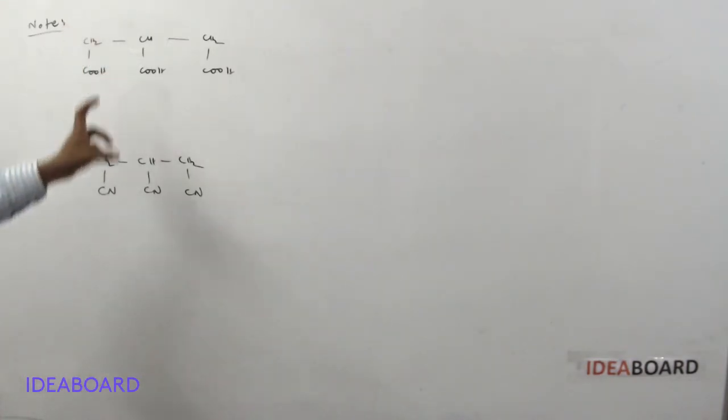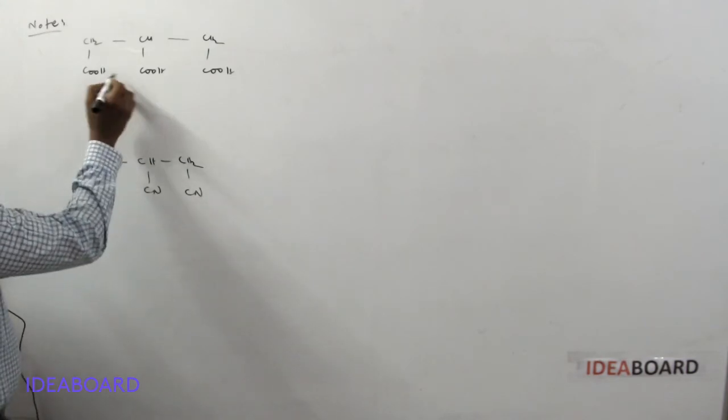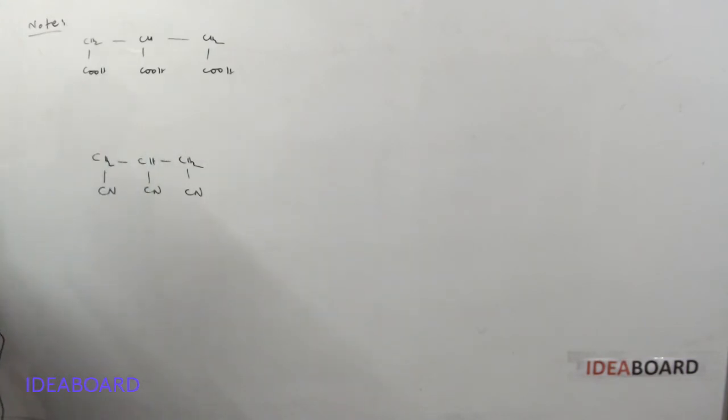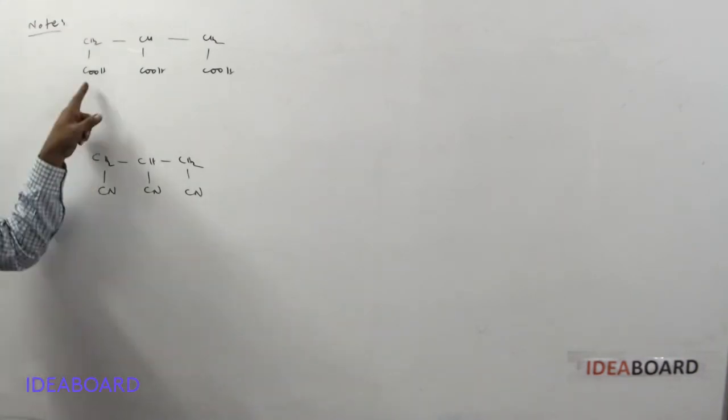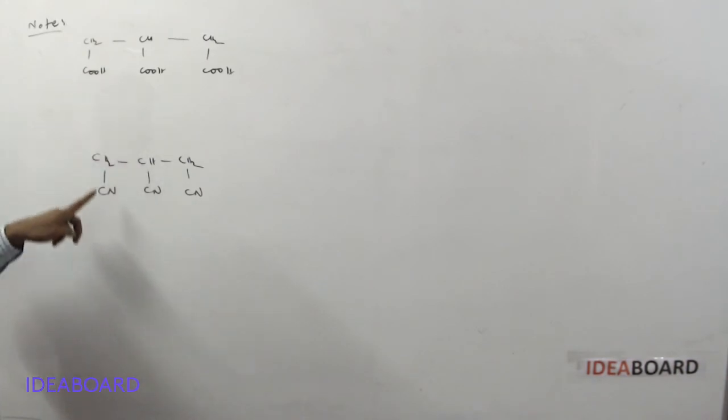So these are some special cases or important cases. In this COOH, COOH, COOH, how to remember means if more than 2 carbon containing functional groups, here COOH, carbon is present. Similarly CN, carbon is present.